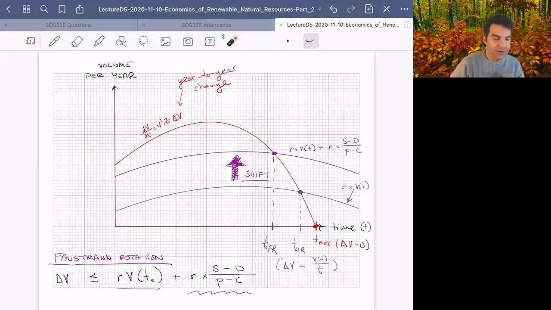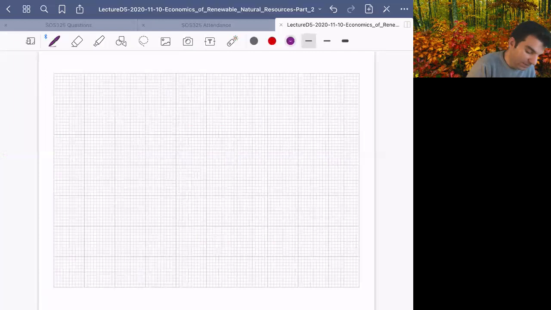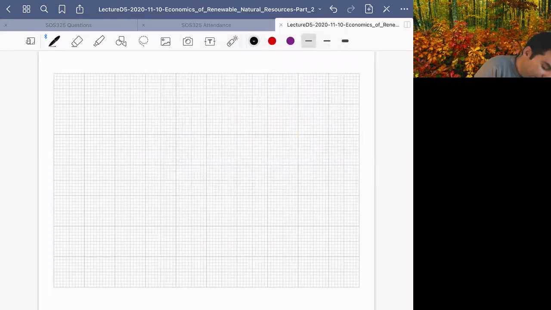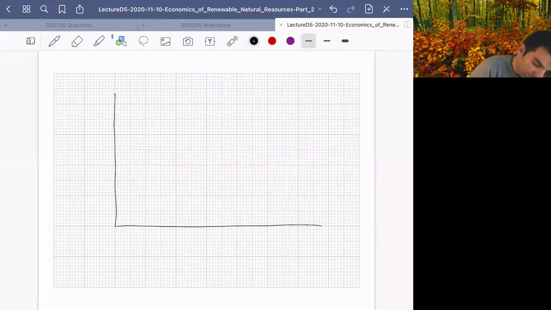Okay, so if I were to go back and plot that all together in our initial plot, to our original plot of just the volume, so this is time and this is volume, and I draw that original curve, or try to get close to it.